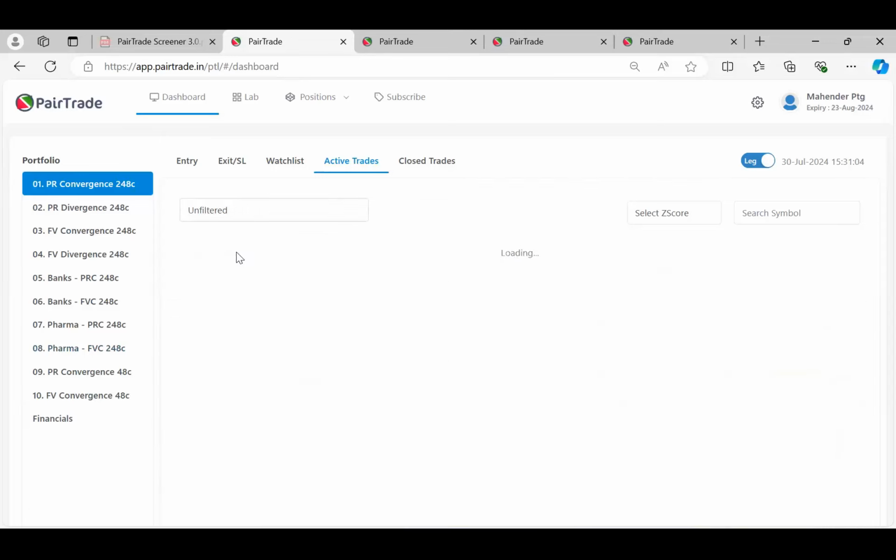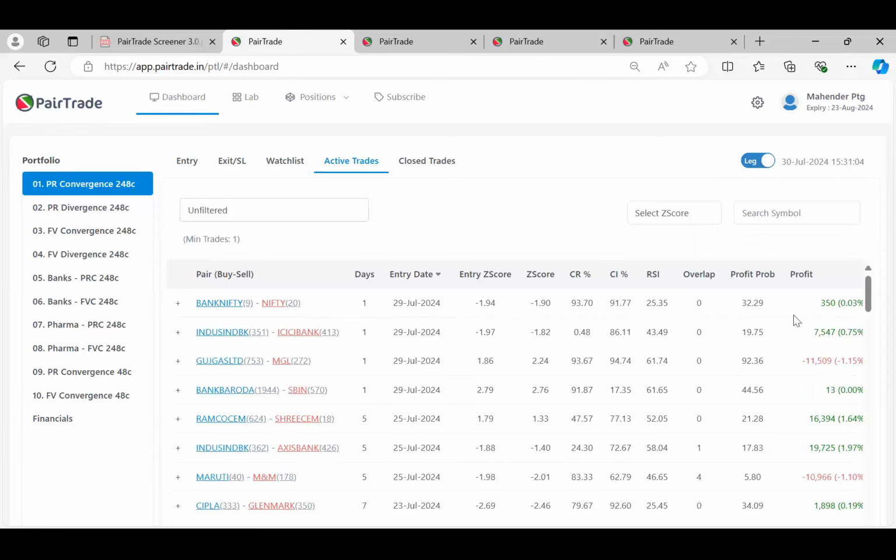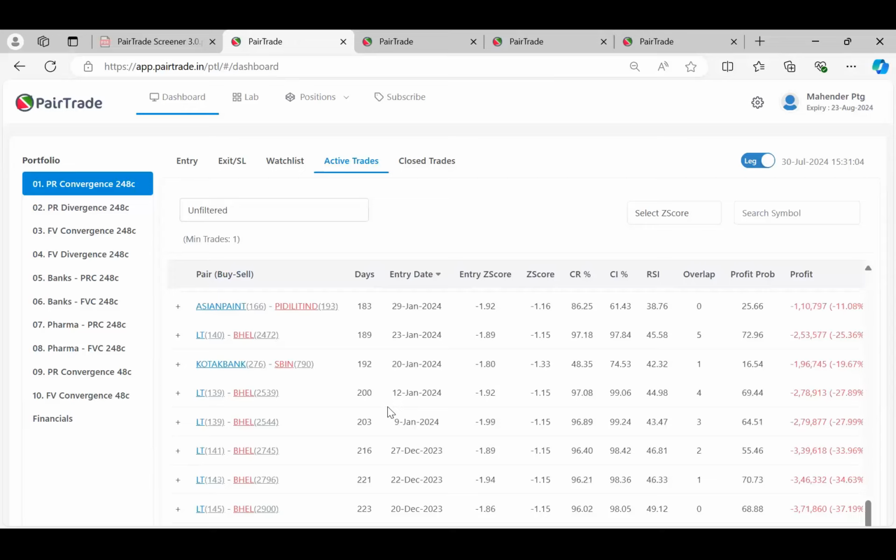Now if I see the unfiltered one, you will get a lot of trades. Now 1 day is there, 5 days. Some trades are going on since 223 days. L&T, BHEL. The entry was at 1.86, but it still has not hit the 1 standard deviation. It's like this one only: 3,71,000. If you are not using stop loss and you say that I am going to wait, then this kind of losses will be seen.